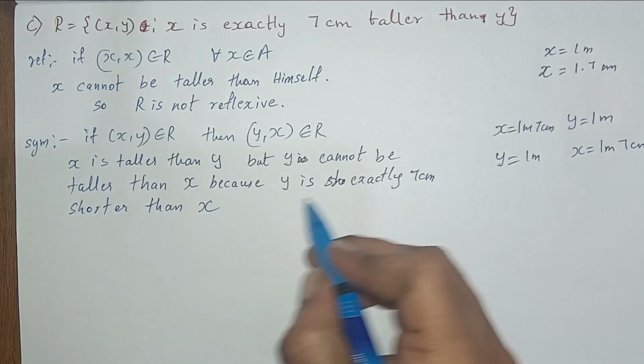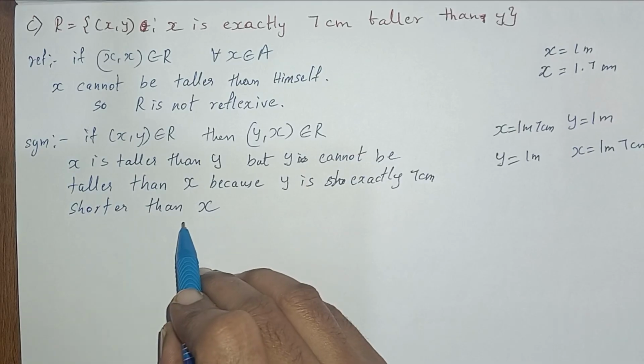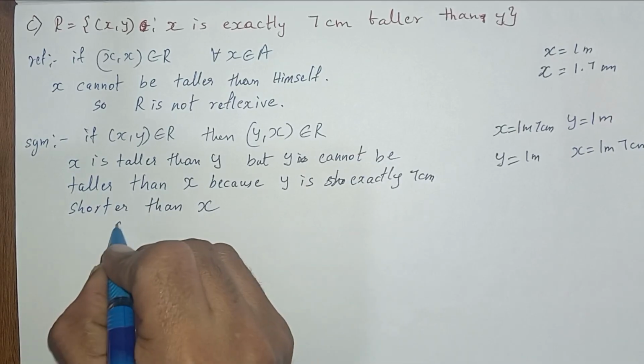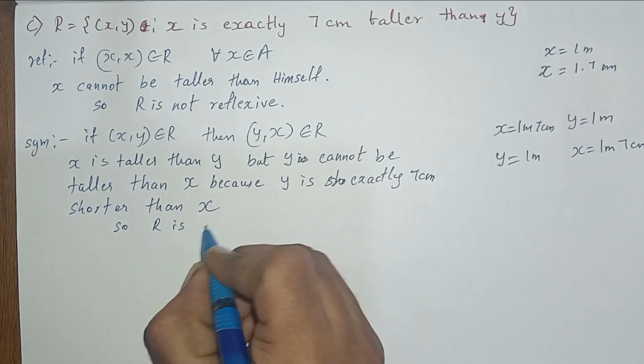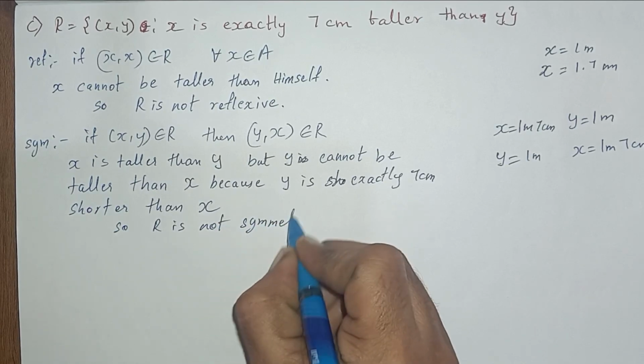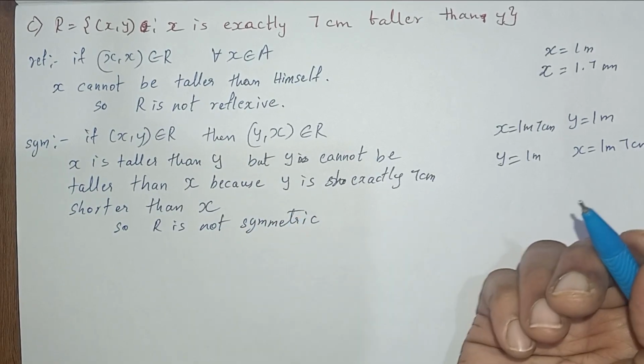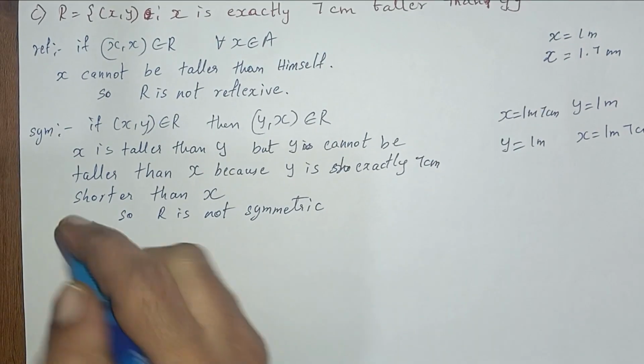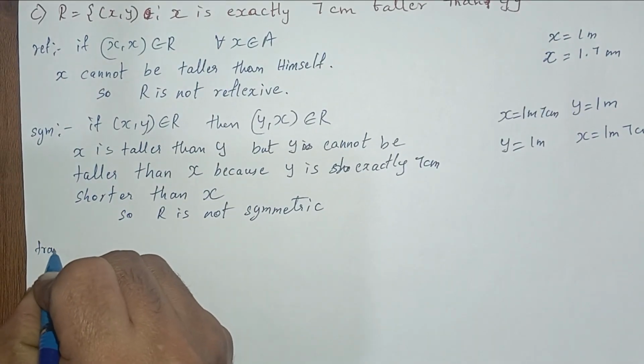So R is not symmetric. Okay, now we have to check for the transitive.